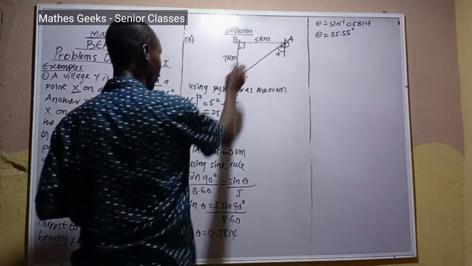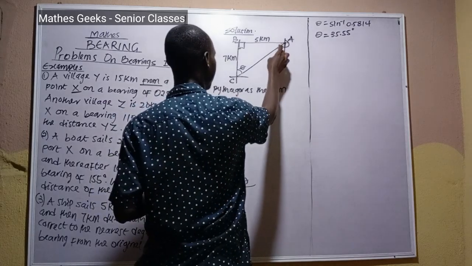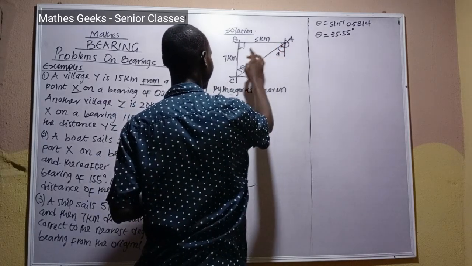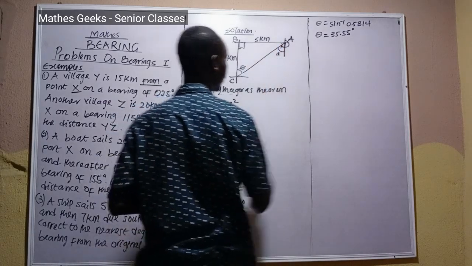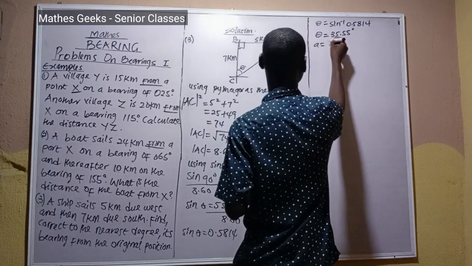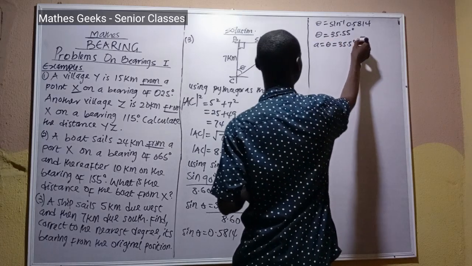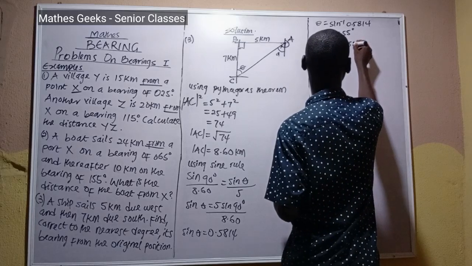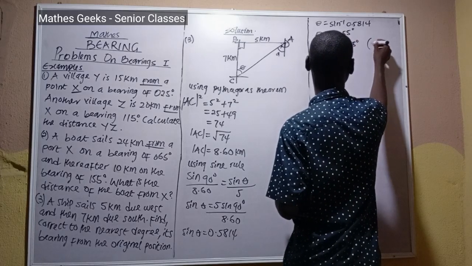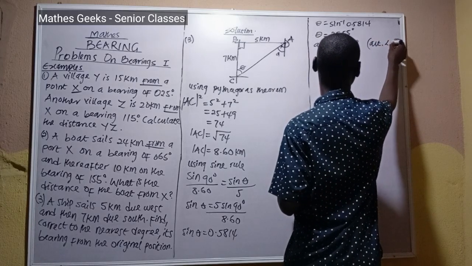The reason why we got theta was because we wanted to know the value of A, because theta is alternate to A. So A is equal to theta, that's 35.55 degrees. The reason is alternate angles.